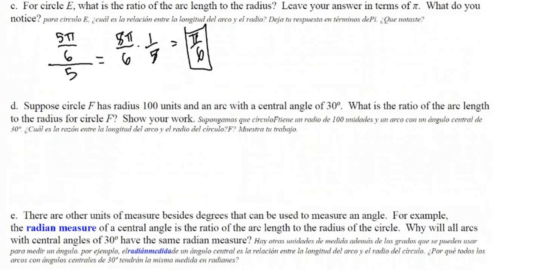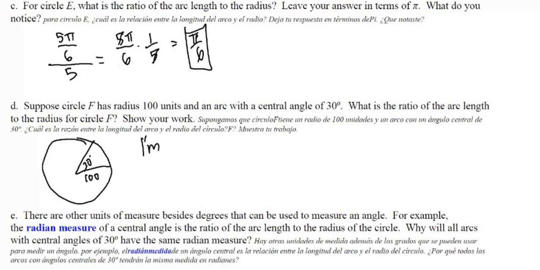Okay, now we have another. Suppose circle F has a radius of 100 units and an arc with a central angle of 30 degrees. Seems a little familiar. So here we go. Radius of 100, central angle of 30. What is the ratio of the arc length to the radius? Well, look, I'm just going to say it's probably pi over 6.